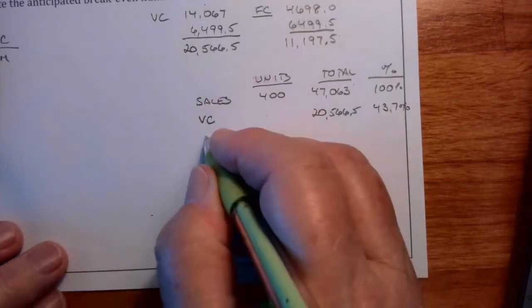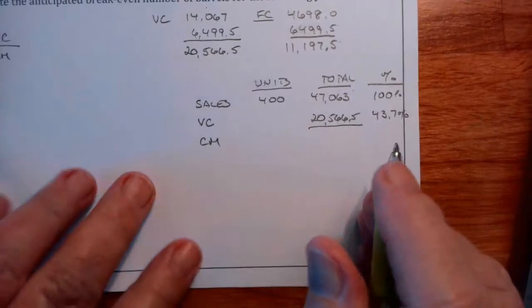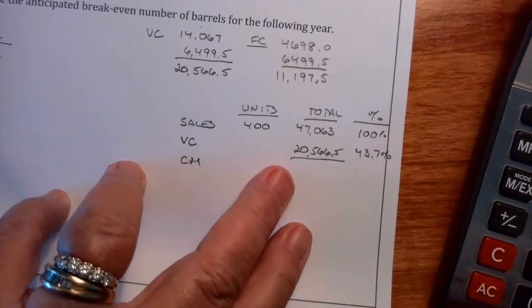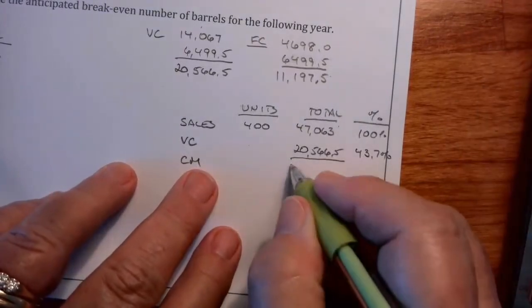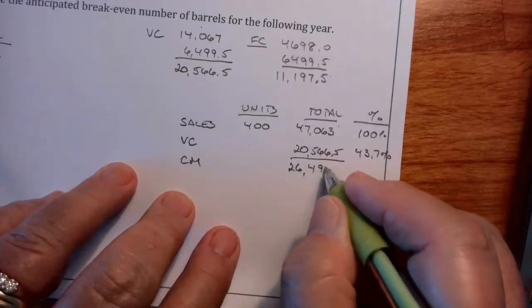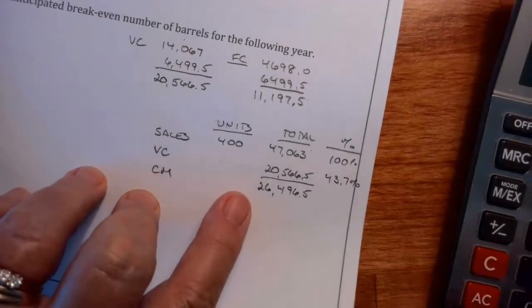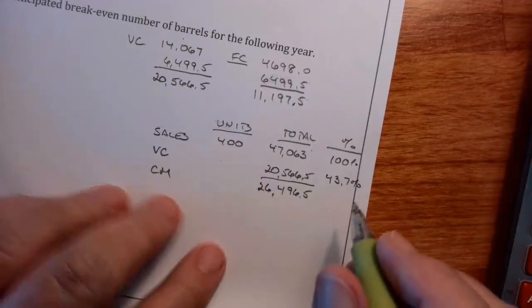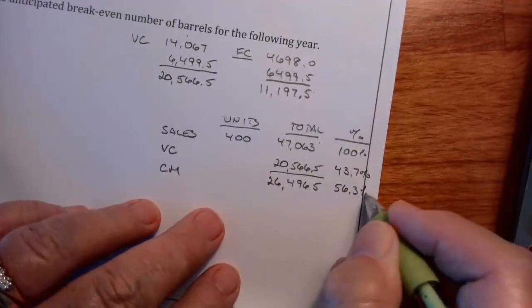So their contribution margin: if I take 47,063 minus 20,566.5, I get 26,496.5. If I divide that by 47,063, I get 56.3%.